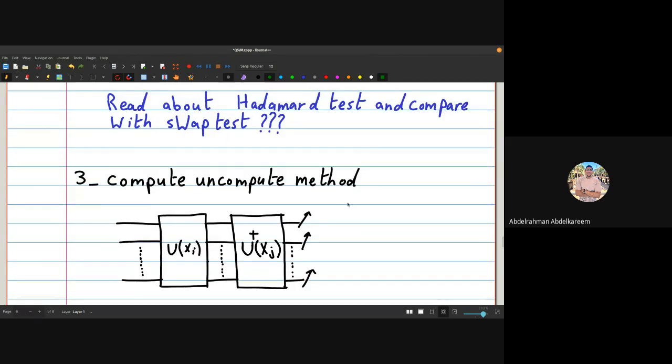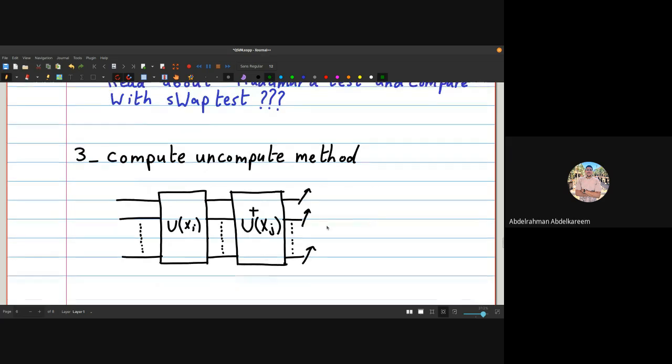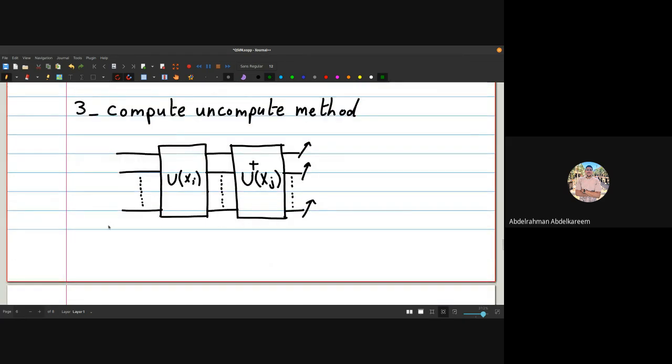And the third method, and the most common method to calculate the inner product between two features, is called the compute-uncompute method. As you see, it's a very simple circuit. It only uses an encoding technique.